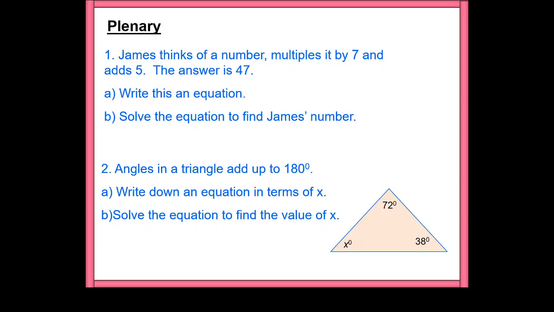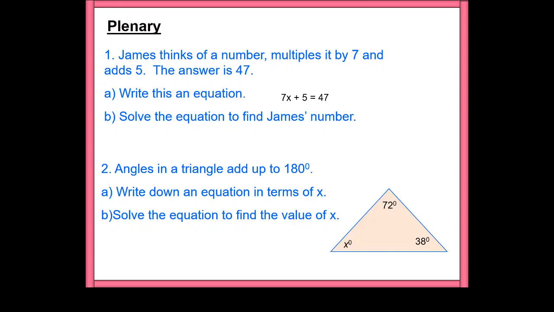So if we think about what's happened there then, we've got our number. Let's say we're going to call it x. Now we multiplied it by 7. Remember, when we show something multiplied by a number, that number goes in front of the letter. We don't use the times sign. So we've got 7x. And then we're going to add 5. And the answer is 47.